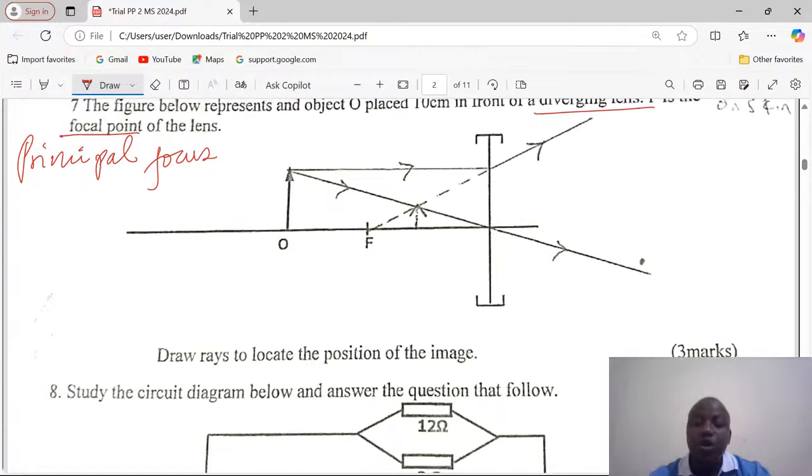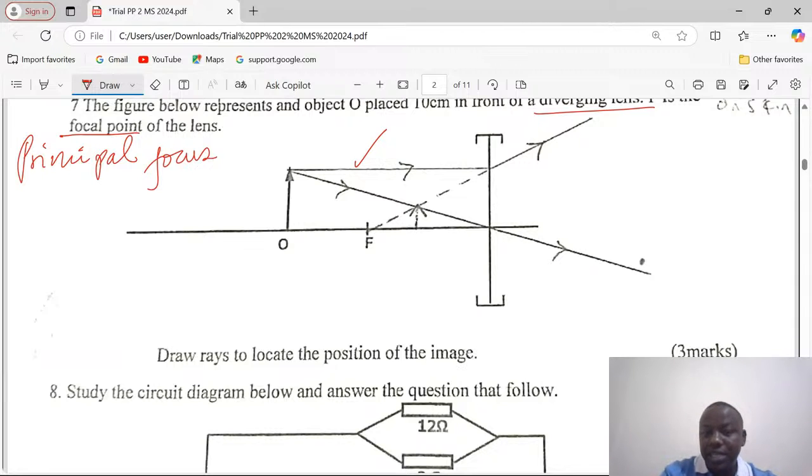Draw rays. We know that there are only three important rays in the drawing of ray diagrams. One of them is a ray which is close and parallel to the principal axis, this one.